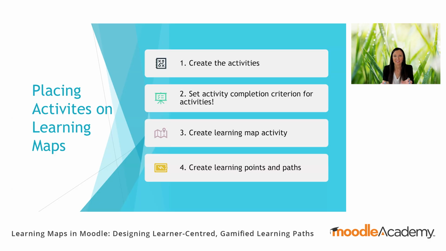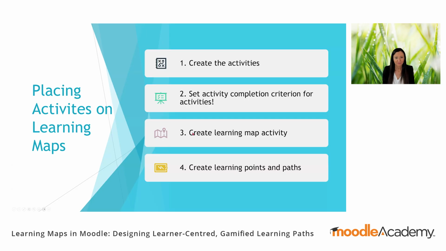Then you set the activity completion criteria for the activities. Don't forget to do that, because otherwise you can't pick them for the map. You need to have some criterion, like mark as done, or once you open it, then it's done, or enter something and then the activity is done. So number 2 gets forgotten, and then you can't find it in the map.